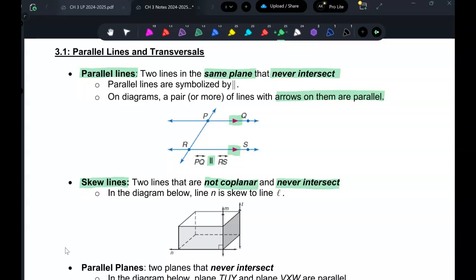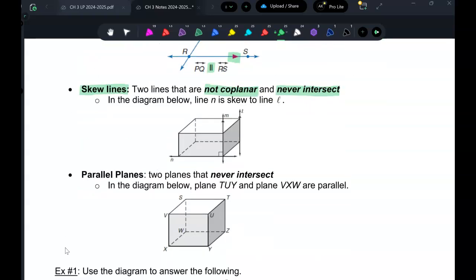Here's an example. Sorry, Jonah, you can't see on the video, but if I took two pens like this, these are parallel. As soon as I turn this one, now they're skew. Parallel, skew. That's the difference between the two. There's no notation for skew.